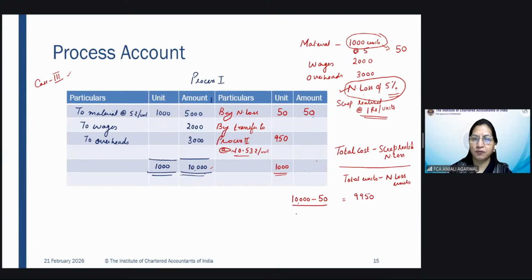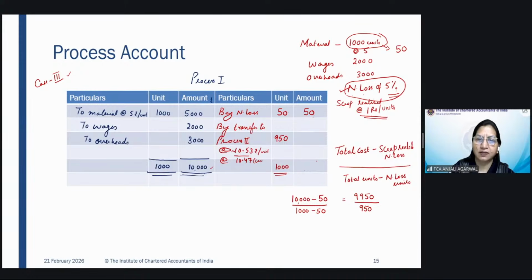This cost was supposed to be borne by 1,000 units, but minus 50 units of normal loss, 950 units will bear a cost of 9,950, not 10,000. So 9,950 divided by 950 gives me a rate of 10.47.